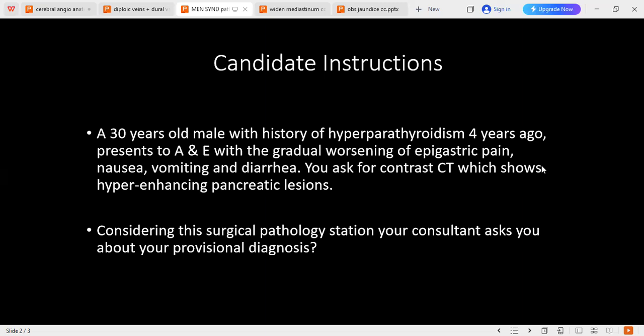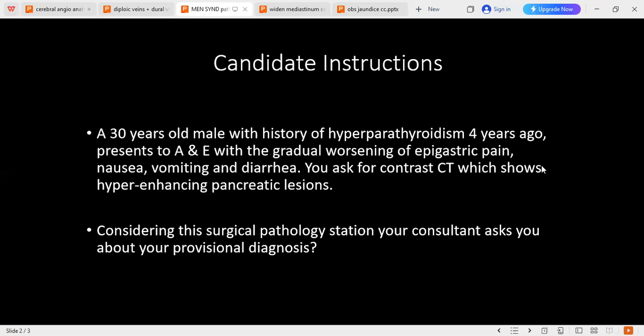In case of MEN 1, what are the genes responsible for mutations in insulinoma? The first one is MEN1.